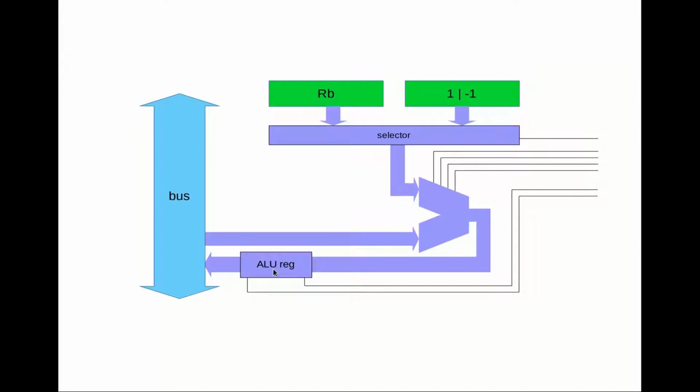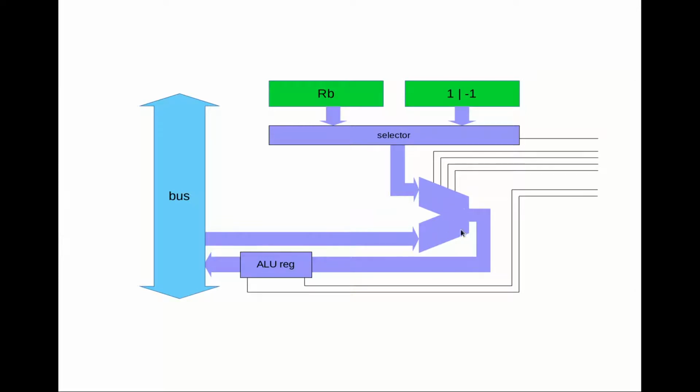In the same example, supposing we want to add the A register and the B register together, the A register will be told by the control logic to output its value onto the bus, and that will flow into one of the inputs of our ALU. The control logic will at the same time tell the ALU to select the B register as its second input, and it will then set some value on these control wires to tell the ALU to perform an addition.